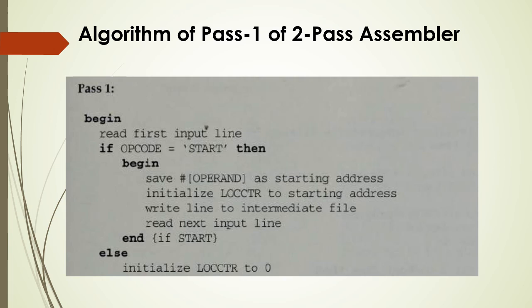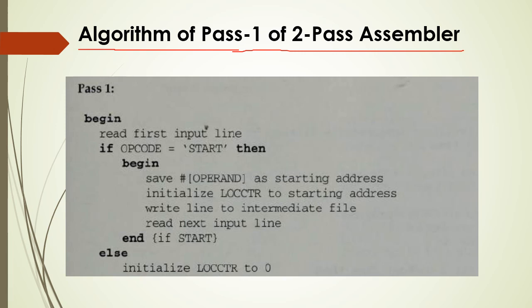Now we'll see the algorithm used to generate the object code. As I already mentioned, this algorithm uses two passes. In pass one, it will assign addresses to all statements in the program, save the addresses assigned to all labels so they can be used in pass 2, and perform some processing of assembler directives.